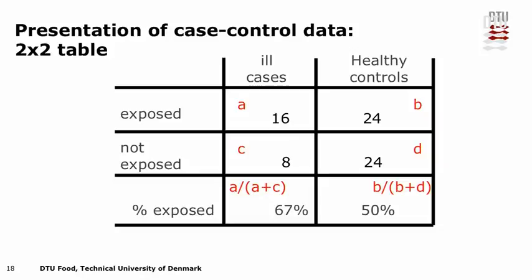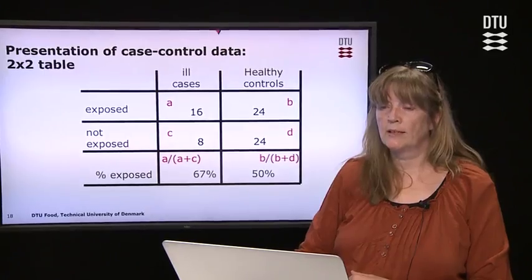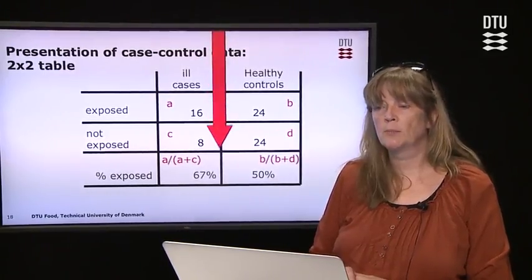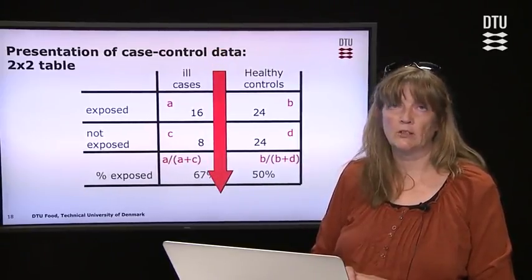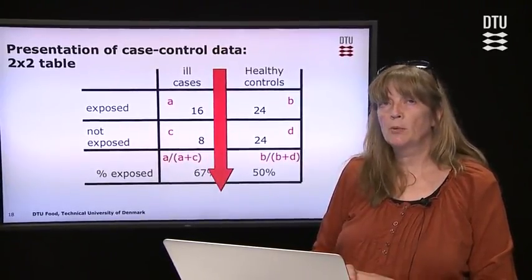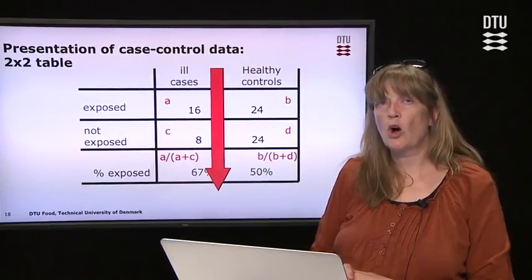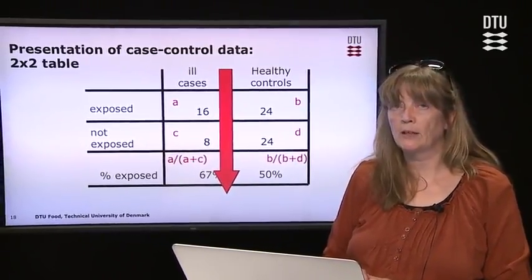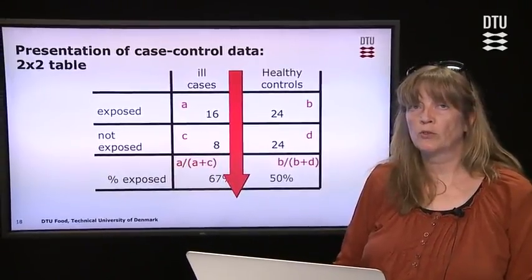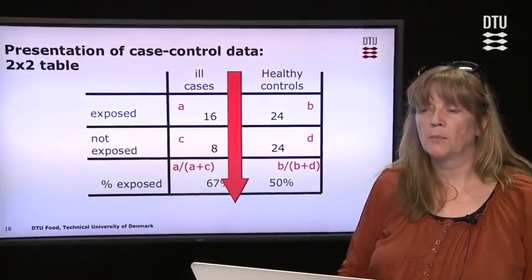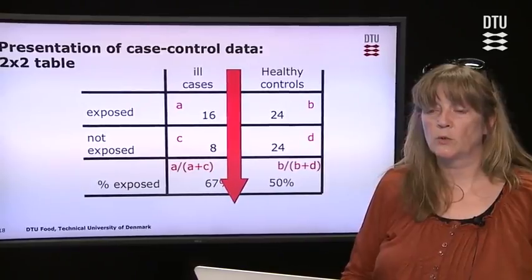Again, we can present case control data in a 2x2 table, but here it's important that the direction of analysis is the other way. We will not be able to estimate attack rates or incidence rates because we do not have a denominator, because healthy controls are picked and linked to the cases, so to speak.